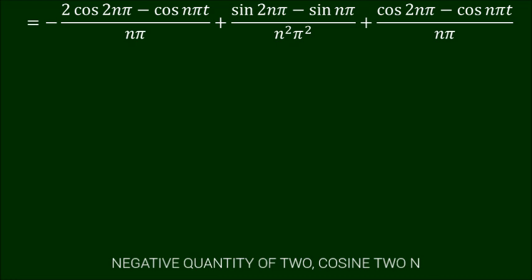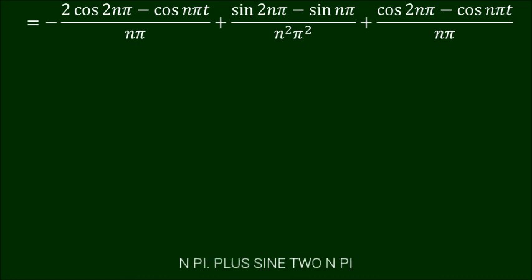So we'll have negative quantity of 2 cosine 2 n pi minus cosine n pi all over n pi plus sine 2 n pi minus sine n pi all over n squared pi squared plus cosine 2 n pi minus cosine n pi all over n pi.